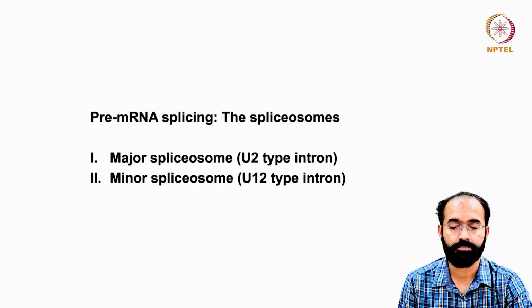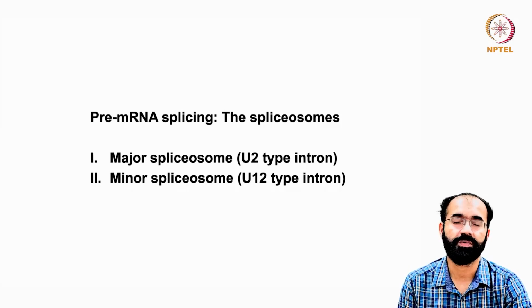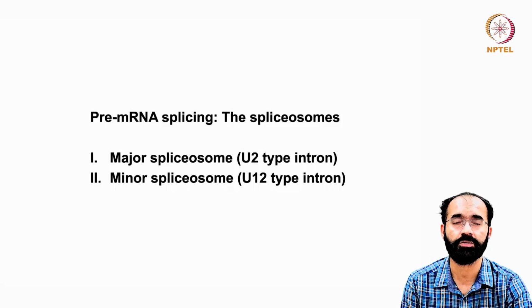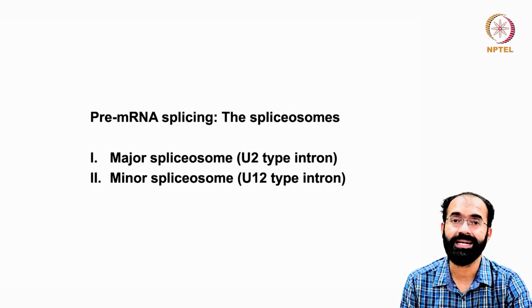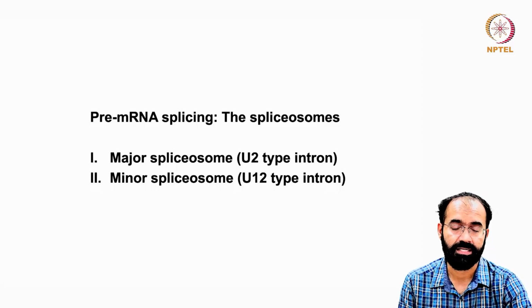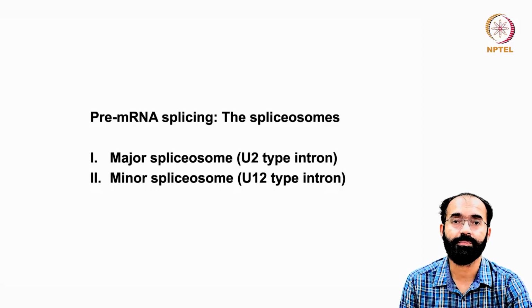The major spliceosome handles the bulk of the splicing, whereas the minor one handles only a few. In many universities, you can major in some subject and also take a minor in another subject, and there major and minor mean how intensively you are studying that subject. But here, major and minor are named based on prevalence, how frequently it occurs.